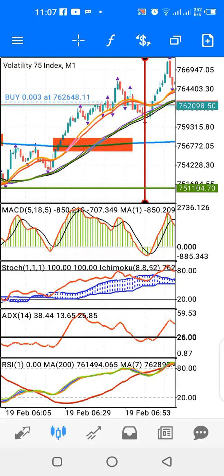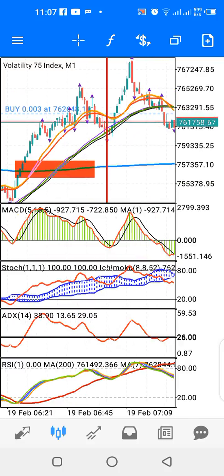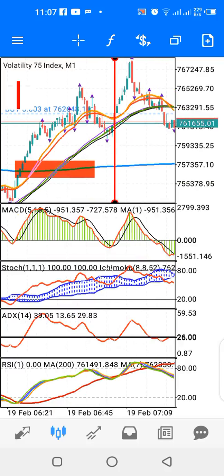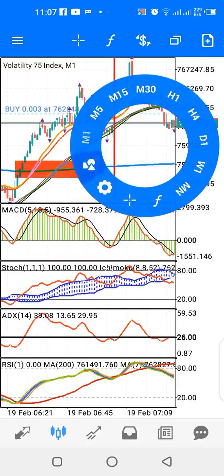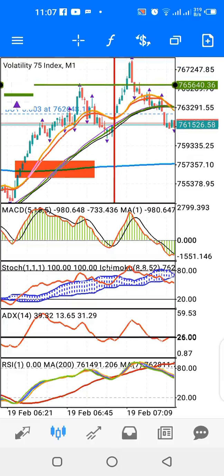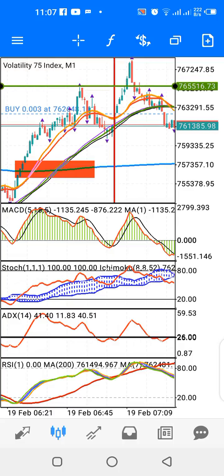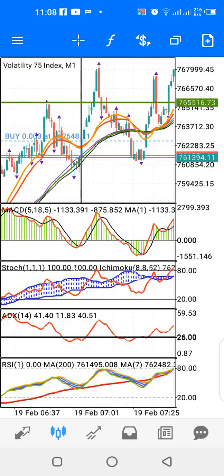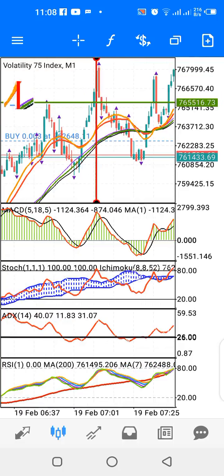Okay, so assume you place your buy above the high, looking for a breakout. Evidently your trade entry will be triggered somewhere around here, on the breakout.